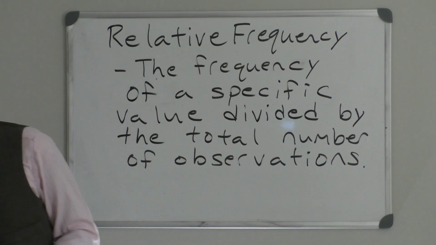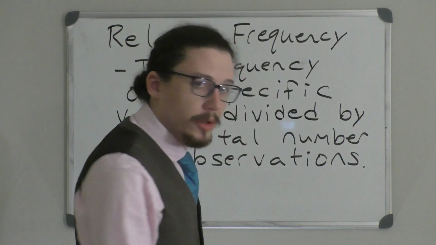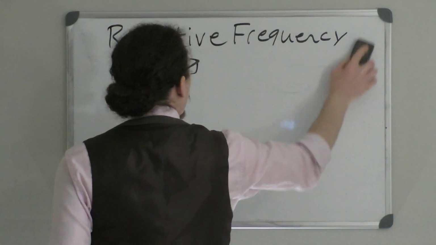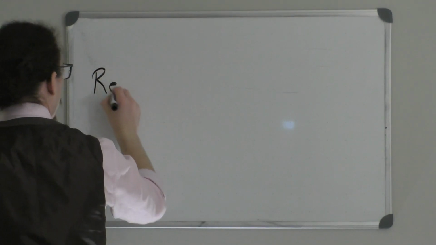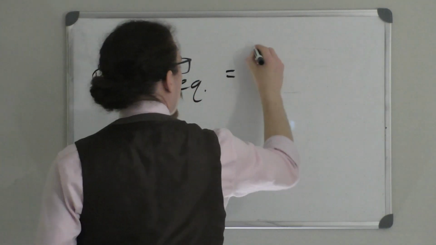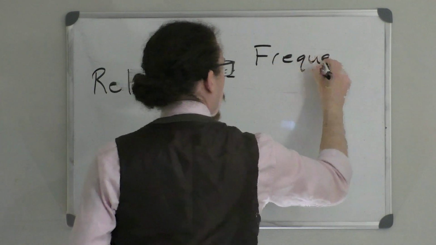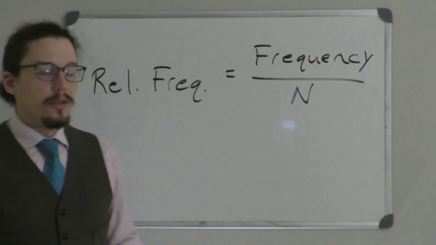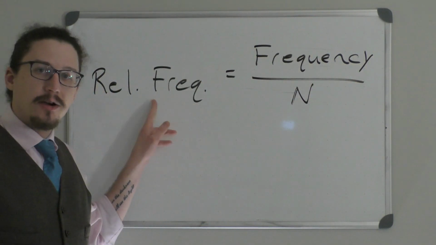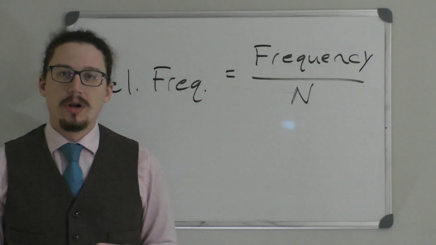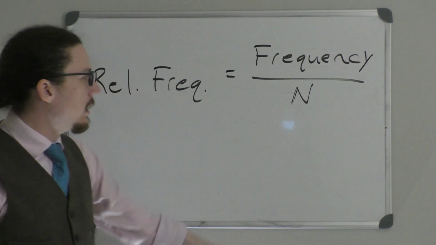So this brings us to our first actual formula of the semester. The relative frequency is calculated as the frequency divided by the total number of observations in our data set.